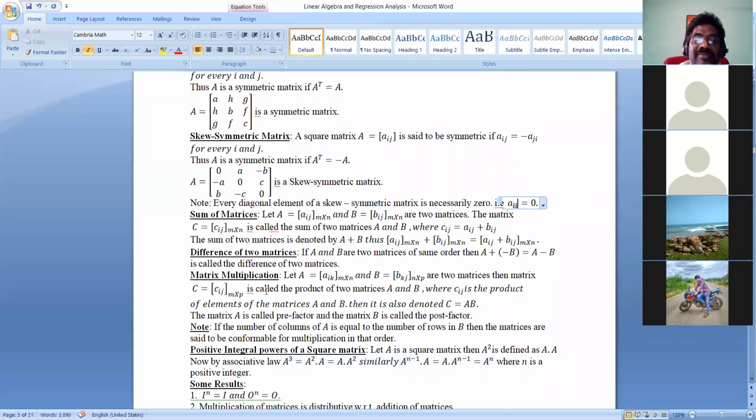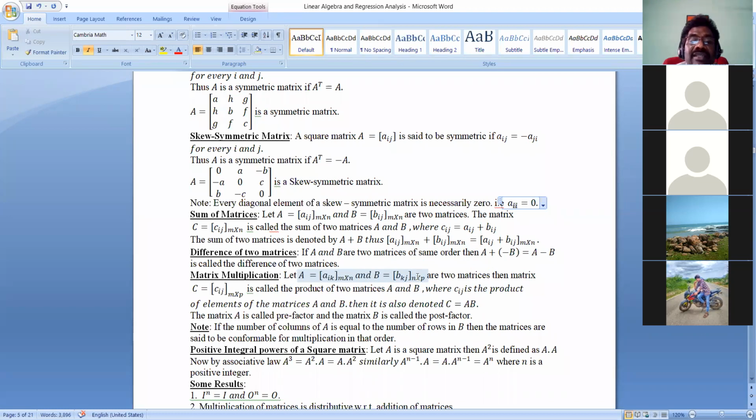matrix multiplication exists only when the number of columns in the first matrix, that is capital A equal to A_ik, M by N, and B equal to B_kj, N by P. That means the number of columns in the first matrix is equal to the number of rows in the second matrix.